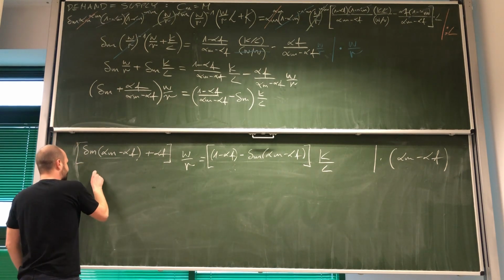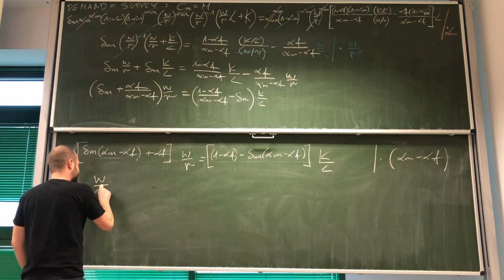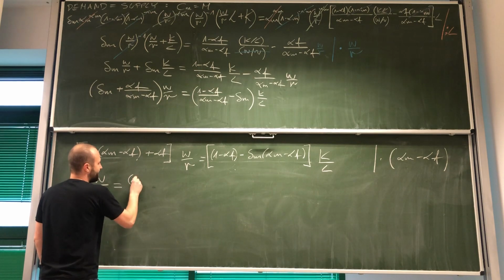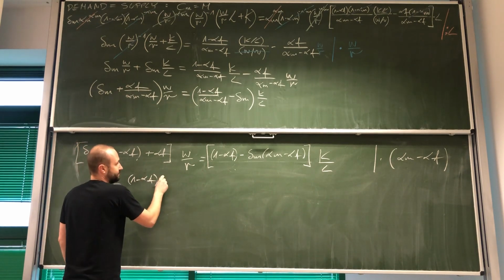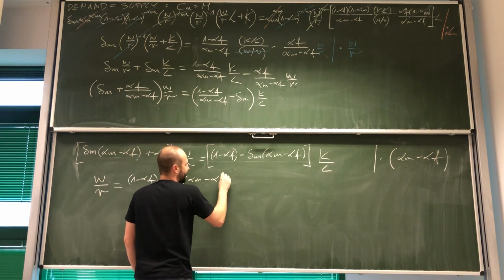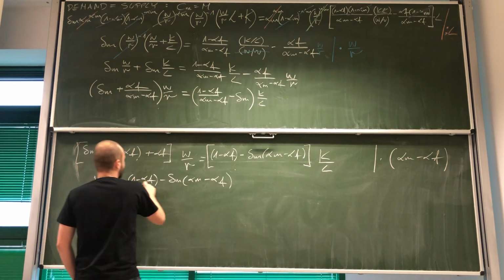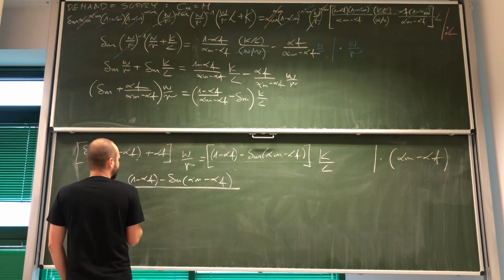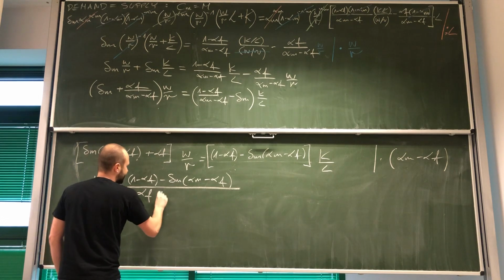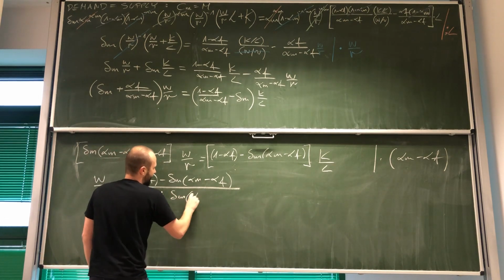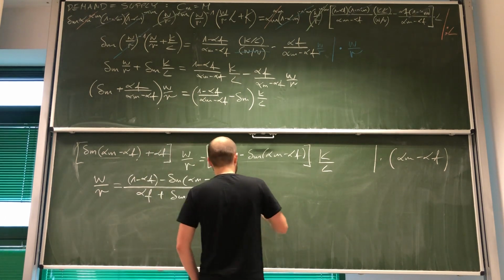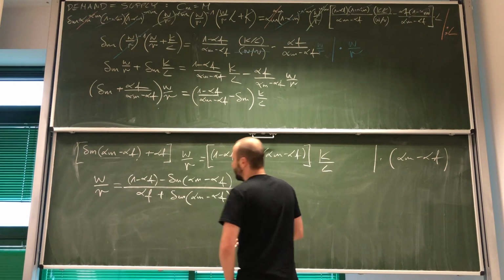So we get that W over R is equal to 1 minus alpha f minus delta m alpha m minus alpha f divided by alpha f plus delta m alpha m minus alpha f times K over L.